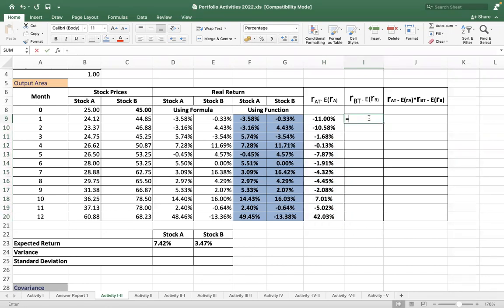Then we can calculate the difference between the return of B and the expected return: return of stock B minus expected return of stock B. That should be fixed.